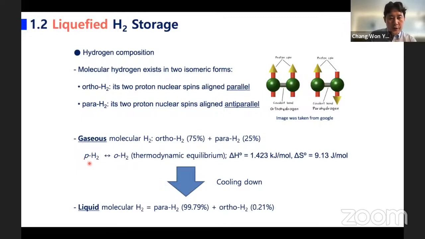But ortho-hydrogen can be transformed into para-hydrogen, and at thermodynamic equilibrium the delta H is 1.4 kilojoule per mole.